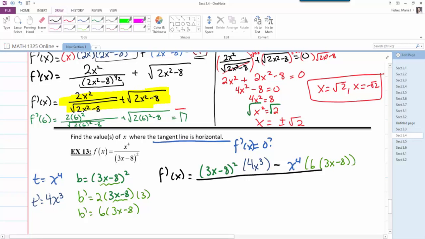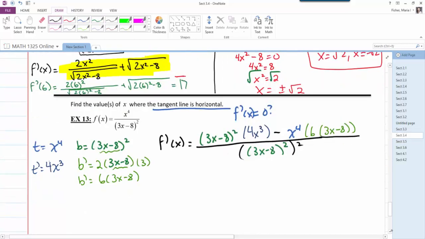And this is going to be all over the bottom, which is 3x minus 8, quantity squared, all of that quantity squared. So now we want to do our best to clean this up because we are going to have to solve it, since we're trying to figure out what values of x give us tangent lines that are horizontal.